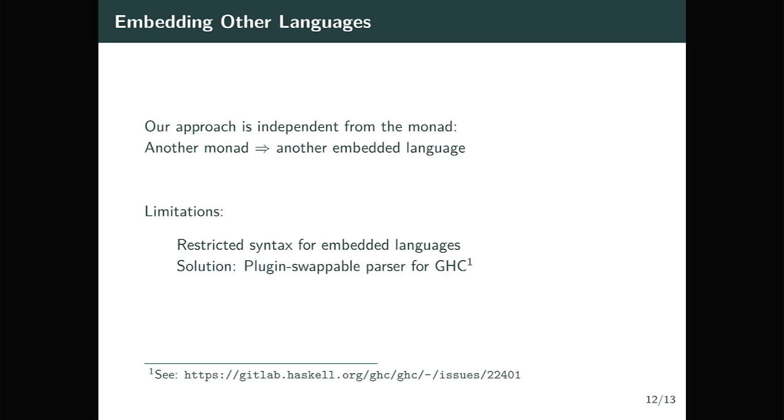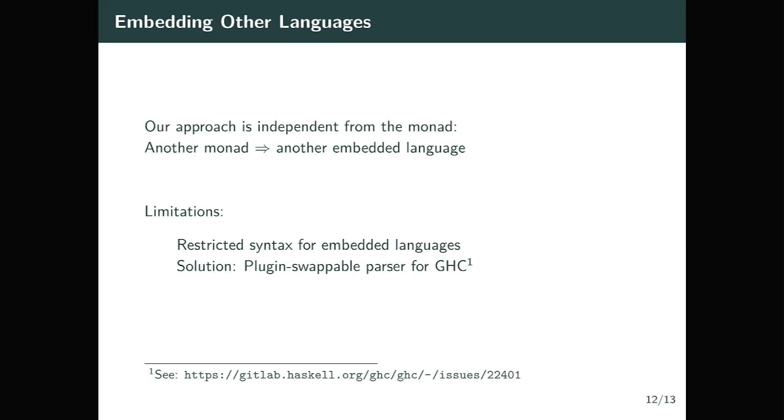Fortunately, there's a solution for that, or at least at the horizon. Kai has made a proposal. It's, I think, already ready to be merged for a plugin-swappable parser for the GHC. So we would be able to add additional syntax or even change the syntax completely.